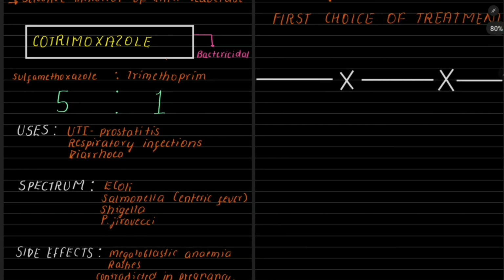Uses of cotrimoxazole are urinary tract infections like prostatitis, respiratory infections, and diarrhea. Cotrimoxazole was also used in cases of typhoid fever earlier, but this has been discontinued as they could not get rid of the carrier state and they were not efficient.